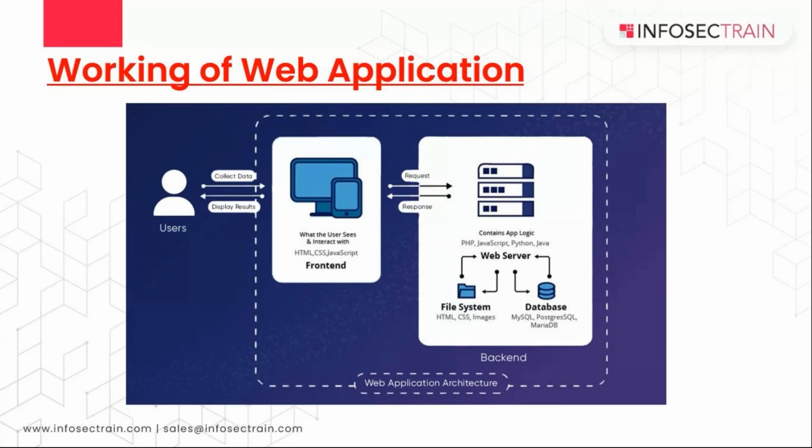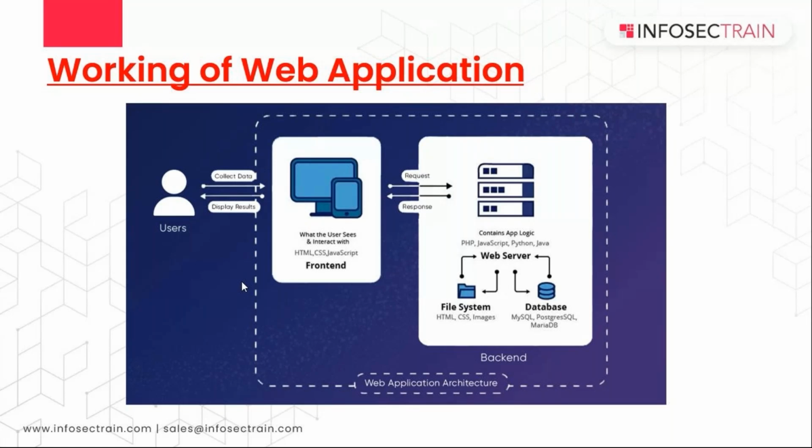Let's say you are accessing Facebook. In your browser, you wrote facebook.com, right? After that, what happened? Your request went to the Facebook server, the Facebook application, and there it gave you the login page.